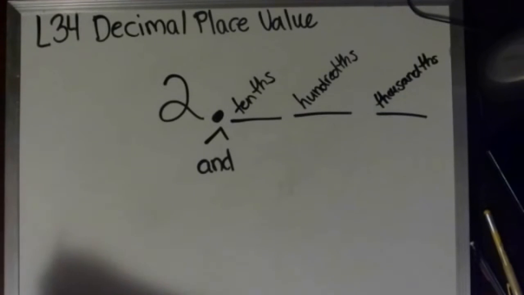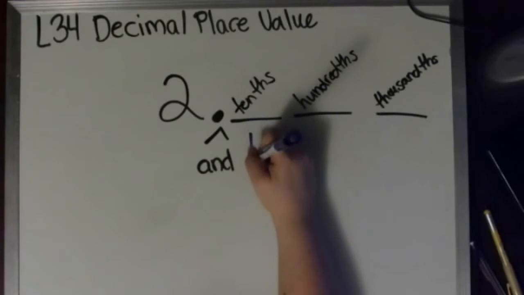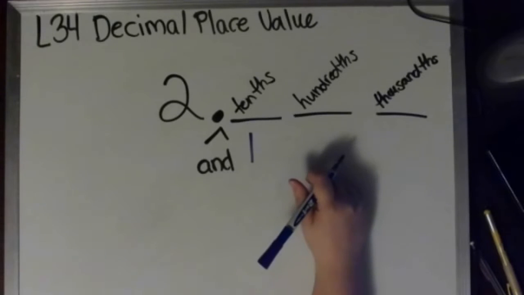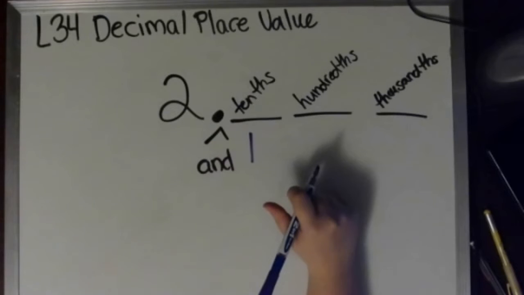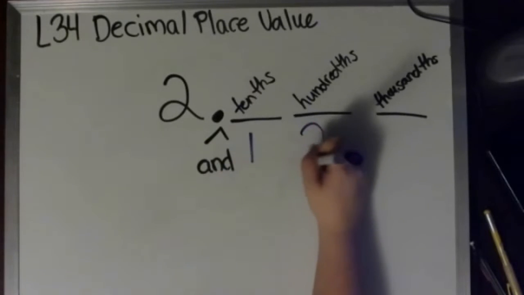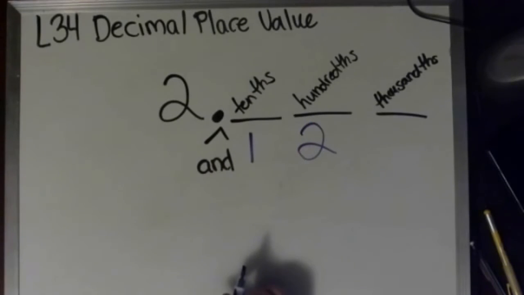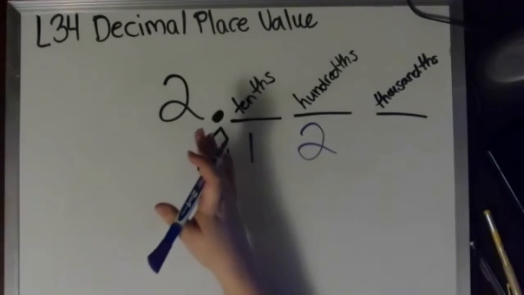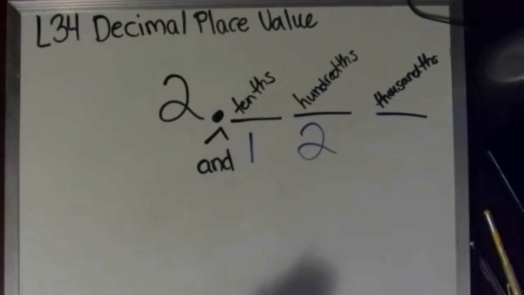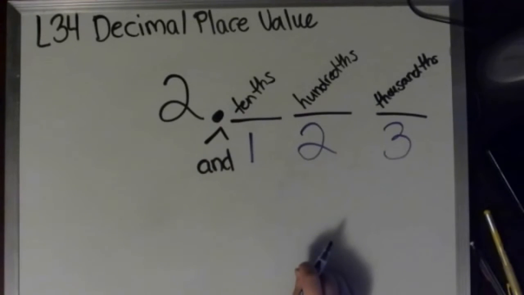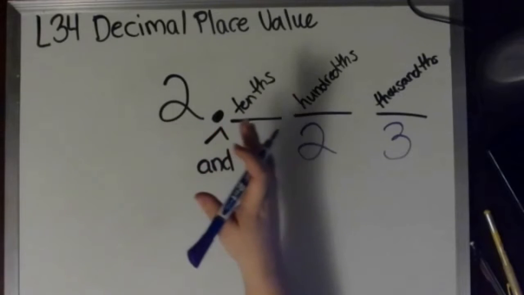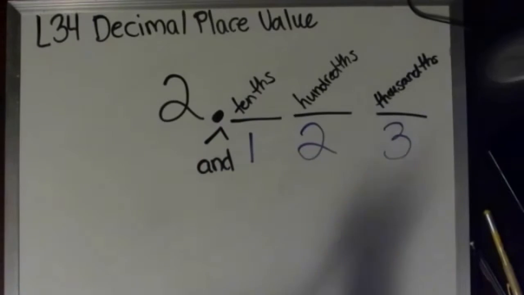Now, when you're doing these numbers, you say the last number it lands on. So if I have a 1 in this column, it will say 2 and 1 tenth. If I had a 2 in this column and a 1 in this column, you say 2 and 12 hundredths. If I have a 3 in this column, I say 2 and 123 thousandths.